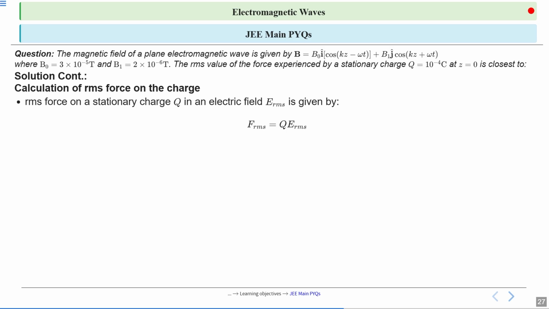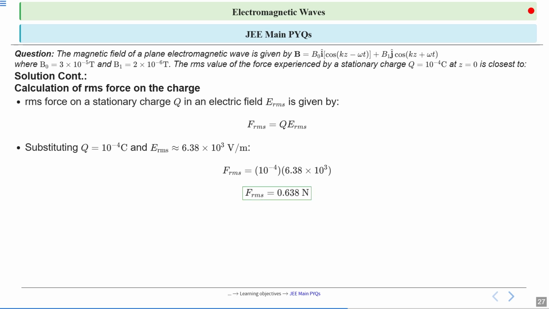If we are going to find the RMS value of force, F RMS will be equal to Q into E RMS. Q is given in the question as 10 to the power minus 4 coulomb, and E RMS we have calculated as 6.38 into 10 to the power 3 volt per meter. So F RMS will be equal to 10 to the power minus 4 into 6.38 into 10 to the power 3. So F RMS will be equal to 0.638 Newton.